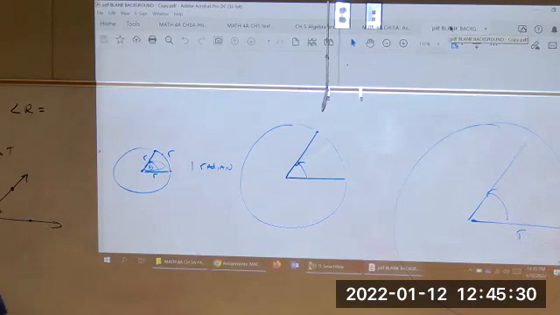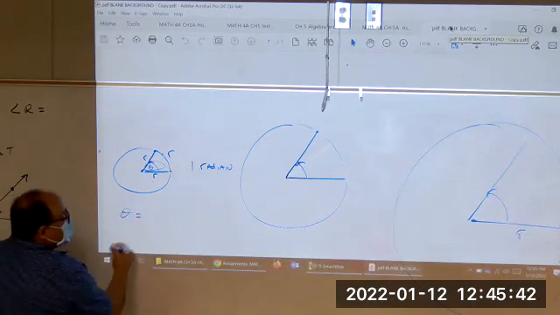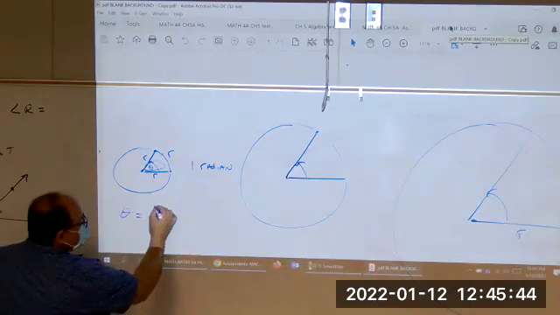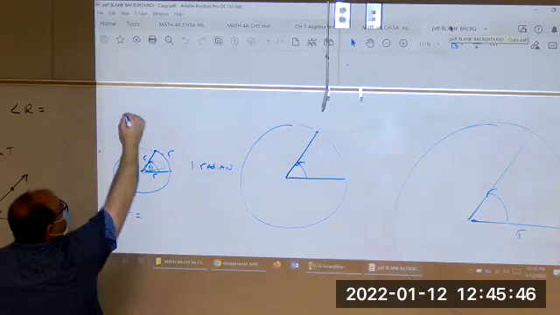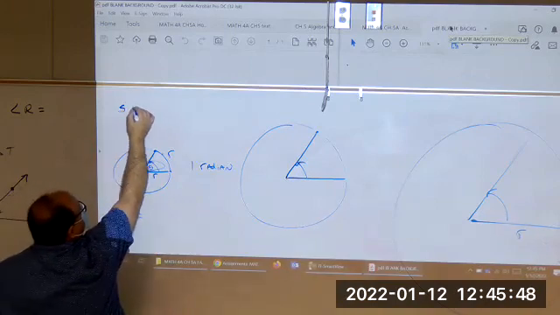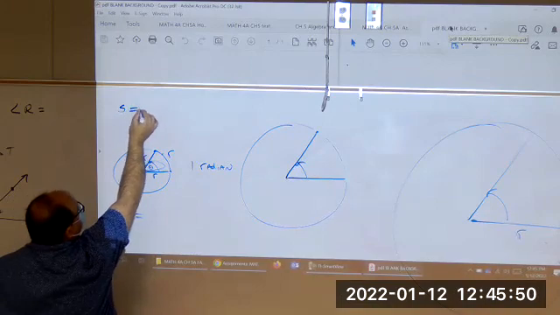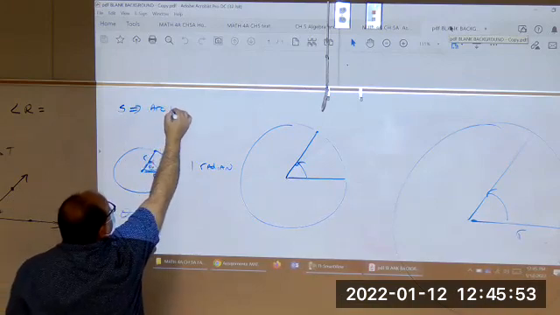Now here's the nice thing. Radians don't have actual units. Basically it's this. In radians, theta is equal to the arc length. Now we use S as the variable of arc length.